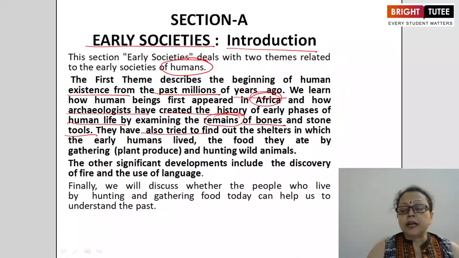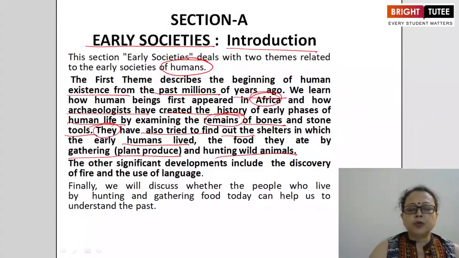They, meaning archaeologists, also tried to find out the shelters in which the early humans lived, and the food they ate by gathering plant produce and hunting wild animals. Both things, plant produce as well as wild animals, they were eating as food.